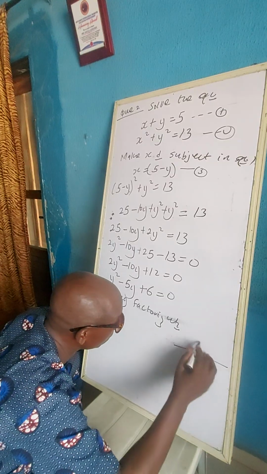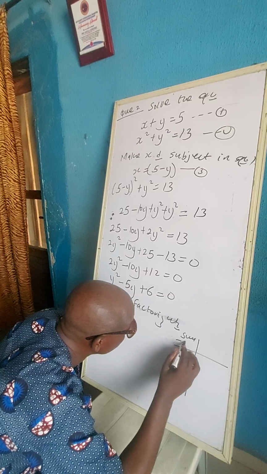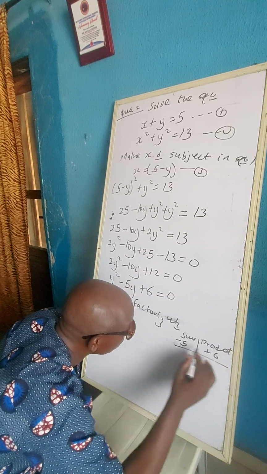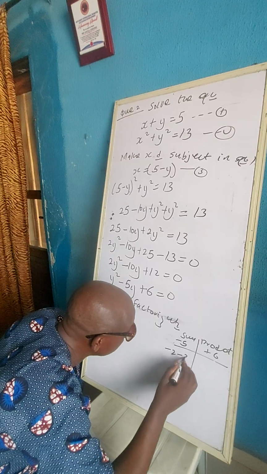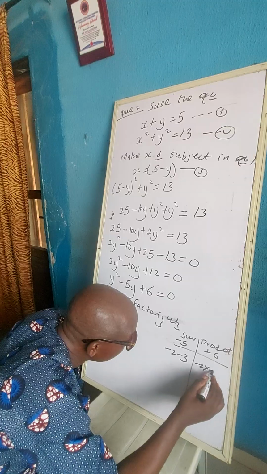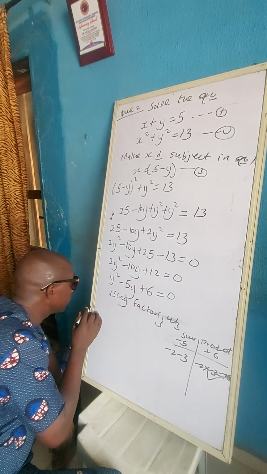Trial and error method: sum minus 5, product plus 6. The two numbers, minus 2 and minus 3, give us minus 5, and minus 2 times minus 3 will give us plus 6.